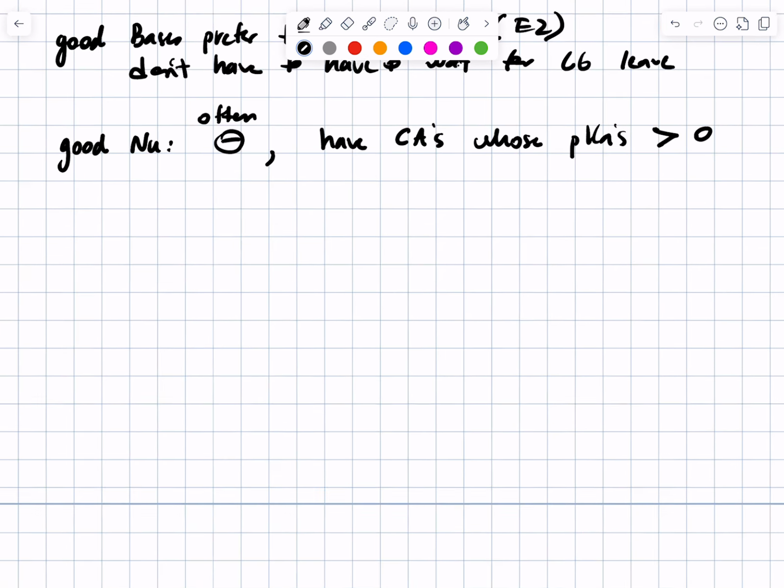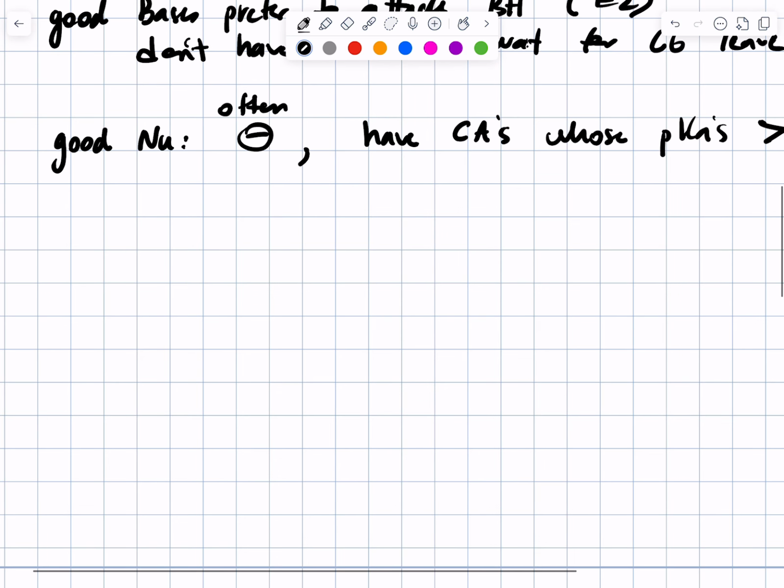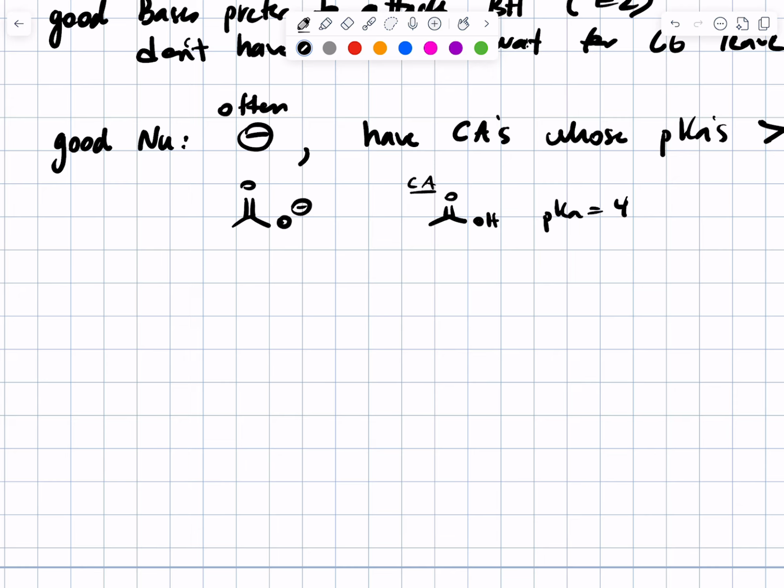got me monologuing again. Right, so things that have conjugate acids have pKa's greater than 0. Let me just give you some examples. For example, carboxylate, whose conjugate acid is carboxylic acid, whose pKa is 4.